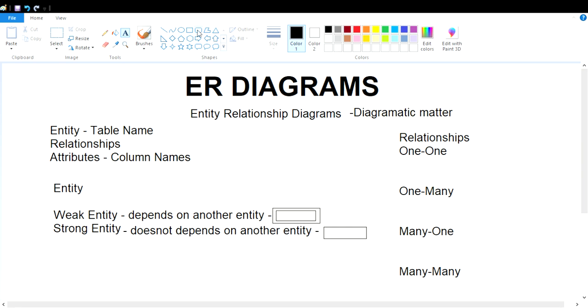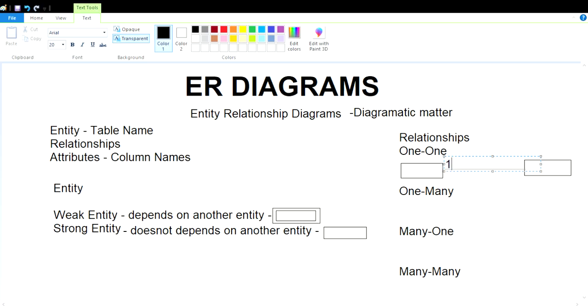First of all, we will see the one to one relationship. Here one to one means we represent one here, and one here also.